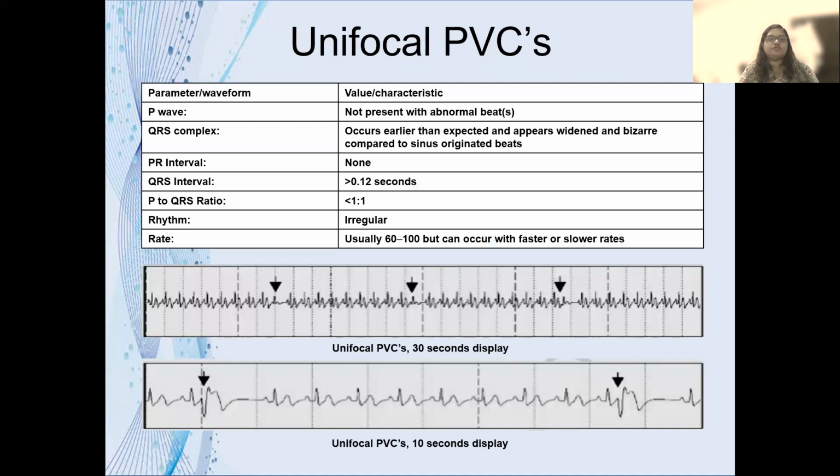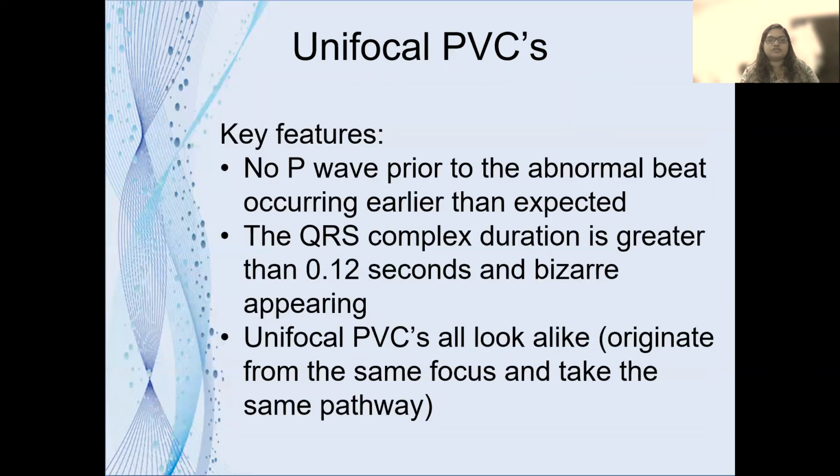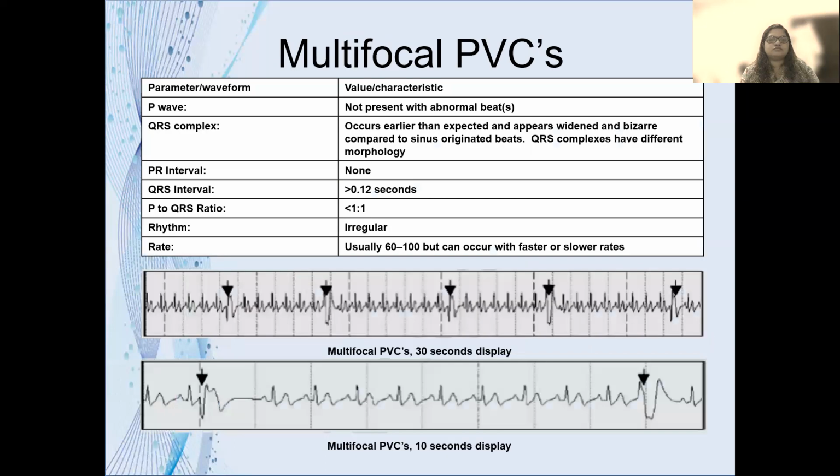So, unifocal PVCs, premature ventricular contraction, you can see a wide QRS. See here, unifocal. So, the morphology is only one. The focus is only from one place. Multifocal PVCs, you have different foci there. Too many PVCs.